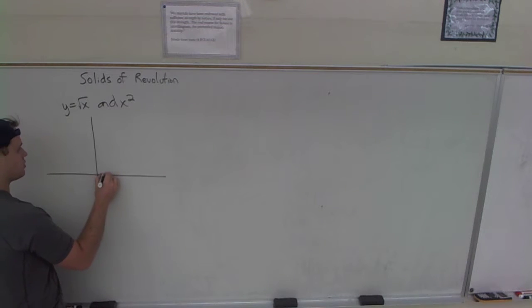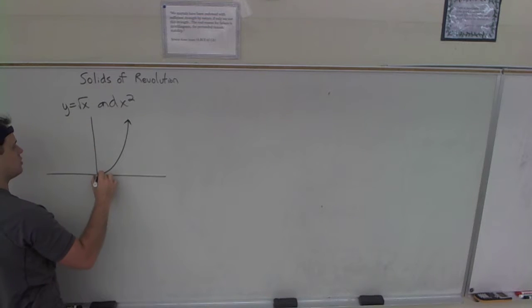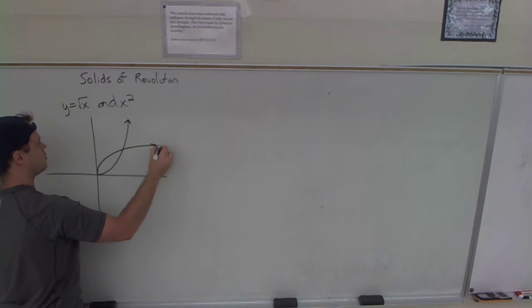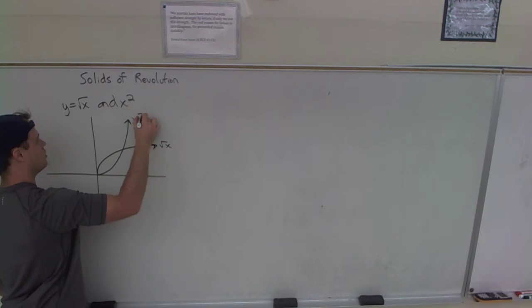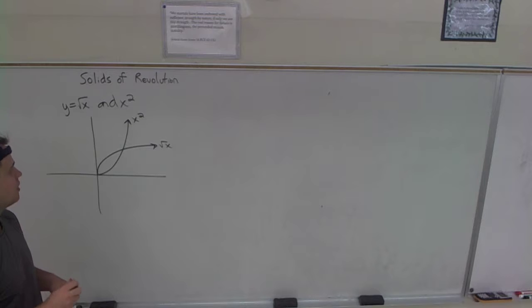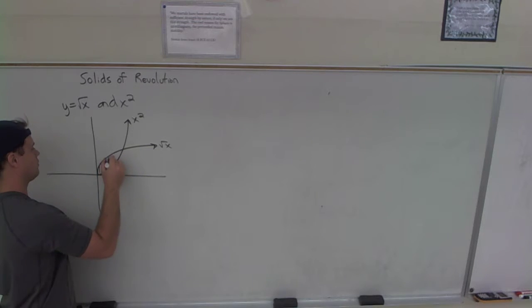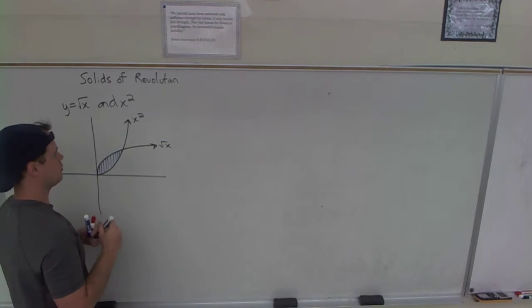So x squared looks like this, and this, of course, but I think we're really just interested in the part between it and the square root of x. So really just that portion of x squared, that side, is what we're concerned about today. So the region is this, shading it in a little bit, and let's revolve it a couple different ways.